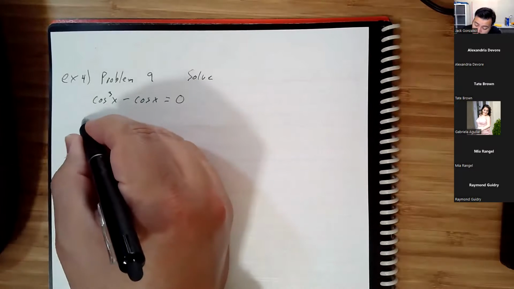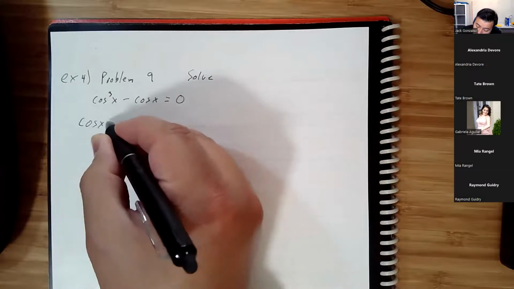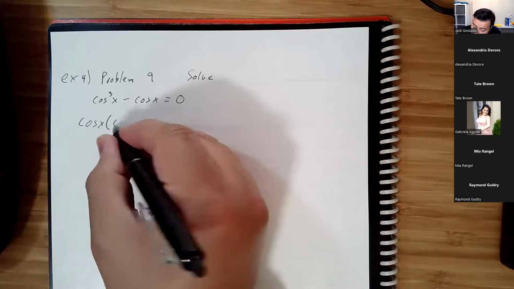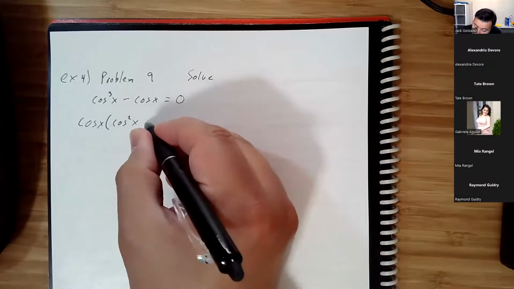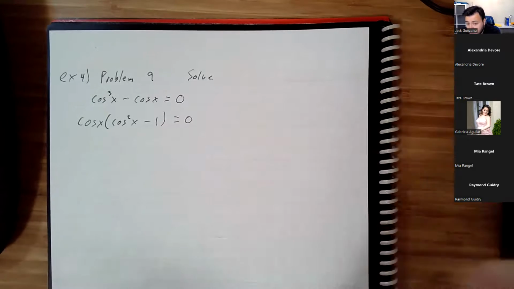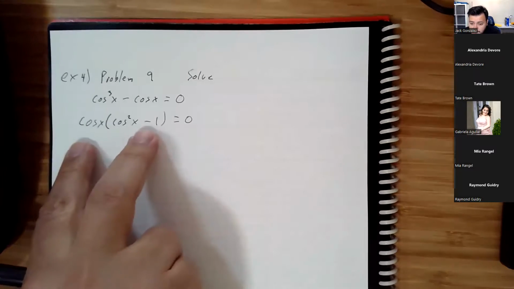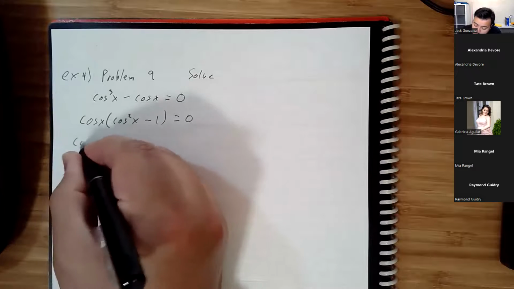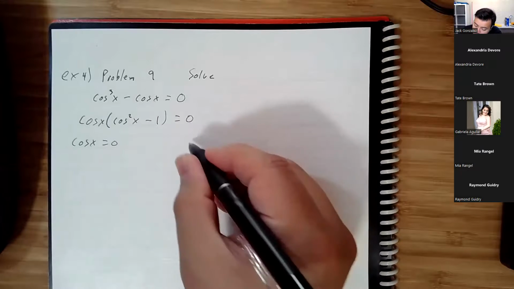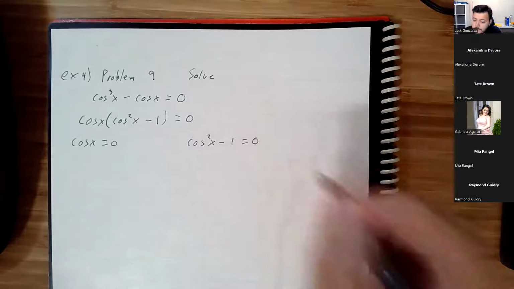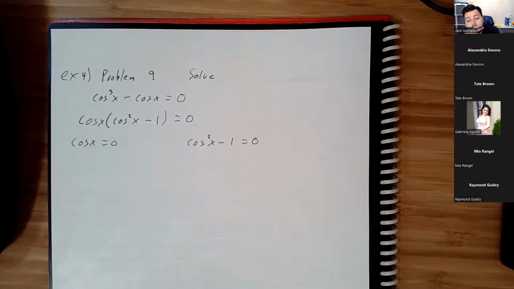So right now you should see that cosine is in common with the left side here, leaving me with this. And you should also know whenever you have something factored and equal to 0, then you can set each piece equal to 0, each factor. Something we learned way back when. So now we can solve the problem separately.